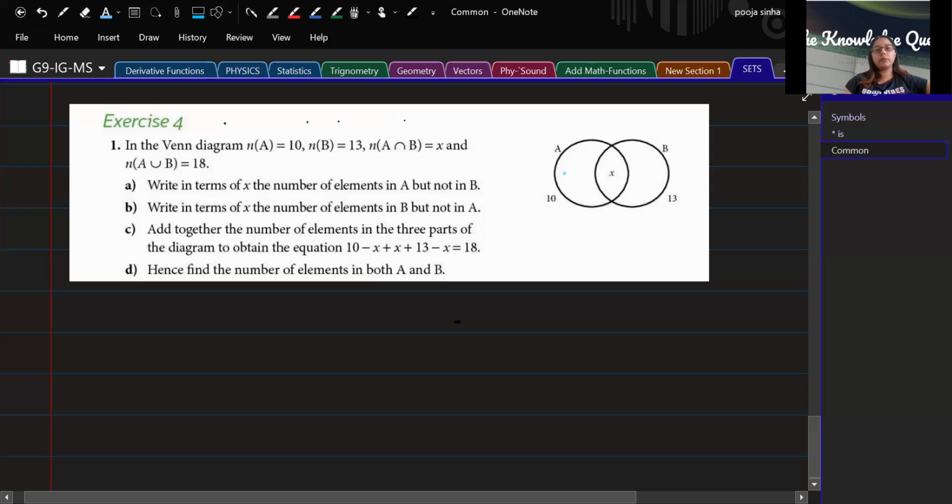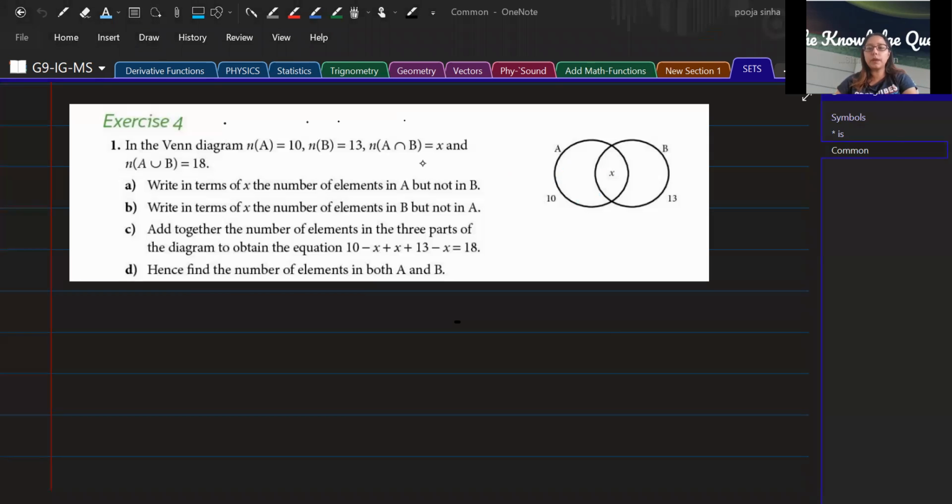So what do you think? These are the elements which are coming in both A and B, and full A has 10 elements in it. So what do I write for just this part?